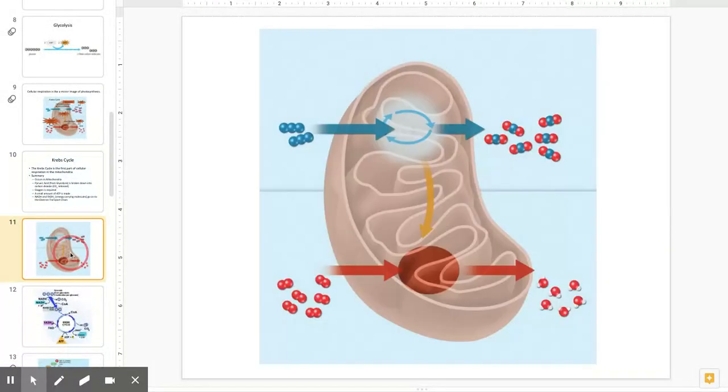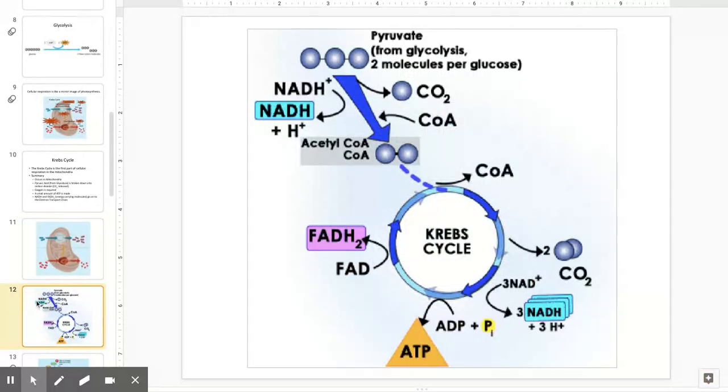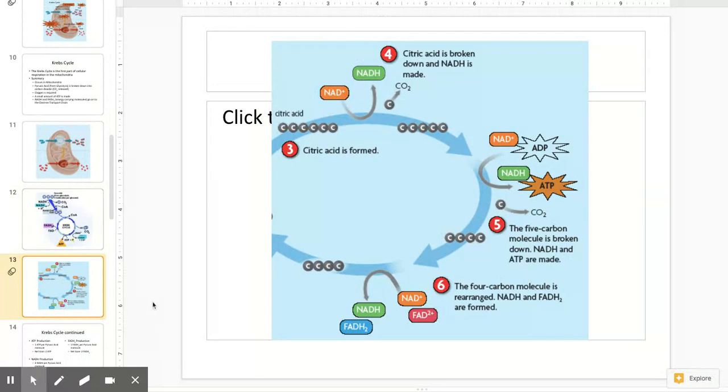So again, here is our kind of unlabeled, if you will, mitochondria. Here's pyruvate going into the Krebs cycle, CO2 being released, and then here's our NADH and FADH2 going on to the electron transport chain. There really is a lot going on in the Krebs cycle that you are not required to know.